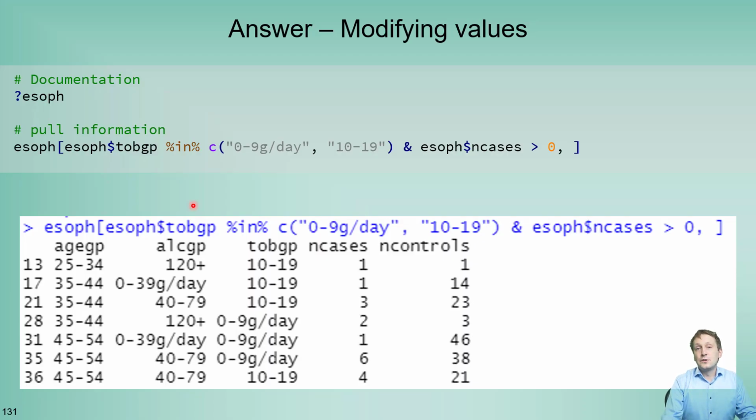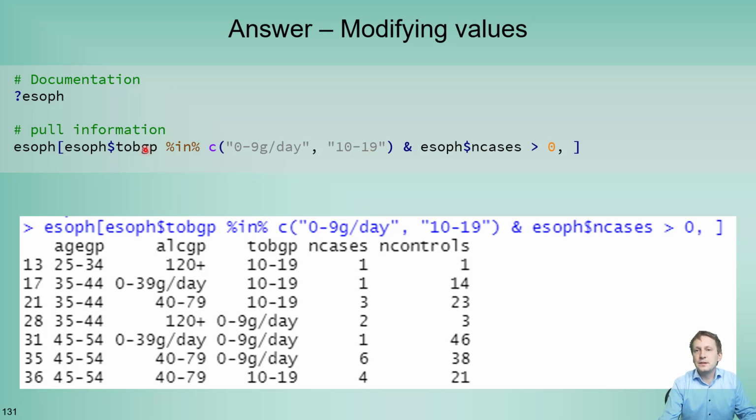Okay, so first of all, check the documentation with a question mark, and then how do you pull that information? So we wanted to have two selections, and here a very elegant way to do that is using the %in% operator. So we want the tobacco consumption to be either 0 to 9 grams per day or between 10 and 19.